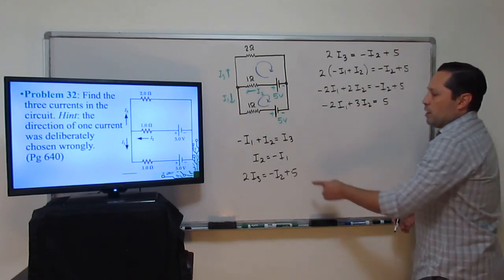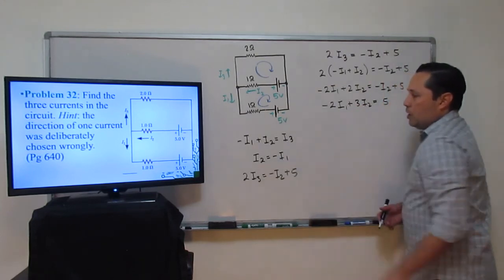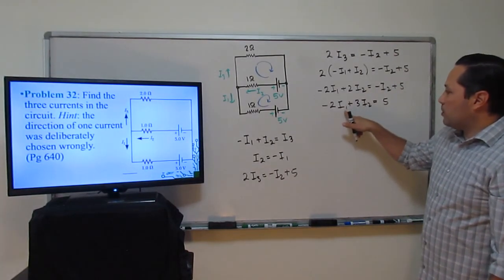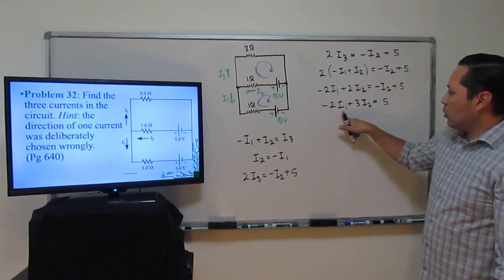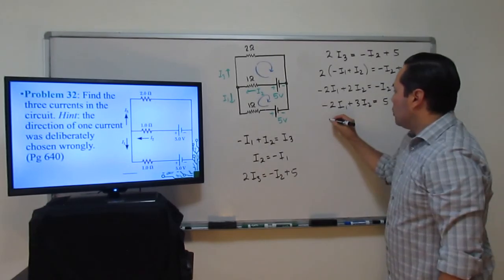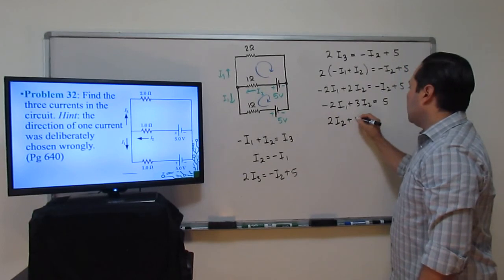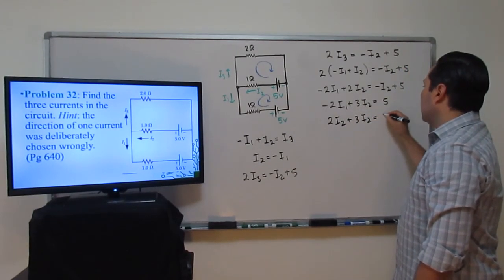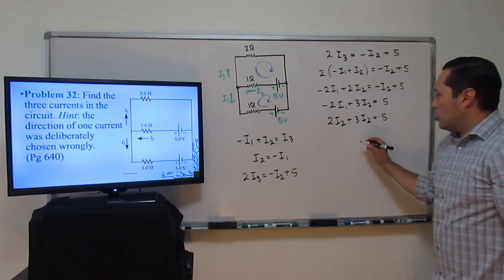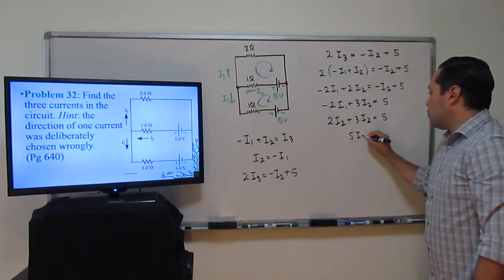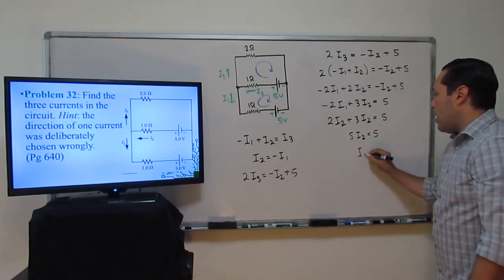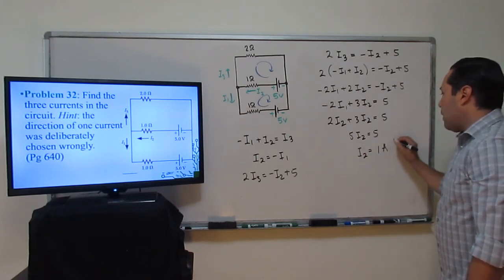For example, I know that I1 is equal to negative I2. All right, so therefore I can go ahead and substitute here and solve for that. Now notice that it's negative I1 is equal to I2, so that will be 2I2 plus 3I2 is equal to 5. All right, so now combine like terms. So it's going to be 5I2 equals 5, and now we can go ahead and divide by 5. So therefore I2 equals 1 ampere.